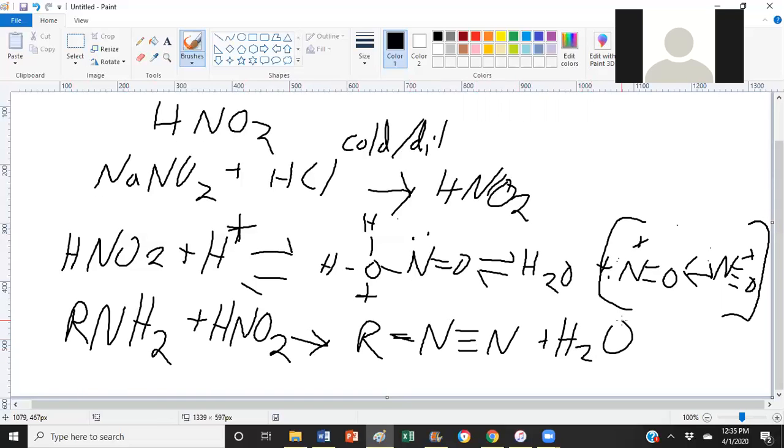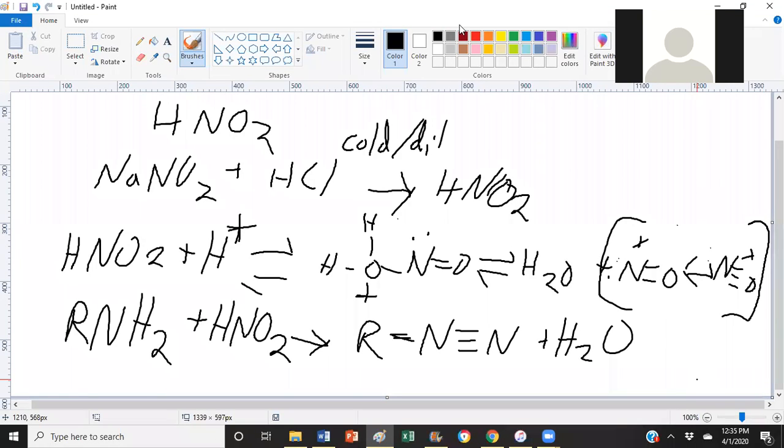This is called a diazonium. This diazonium is going to be a really good leaving group. The idea is that this will kick off and form a carbocation, useful for various other reactions.